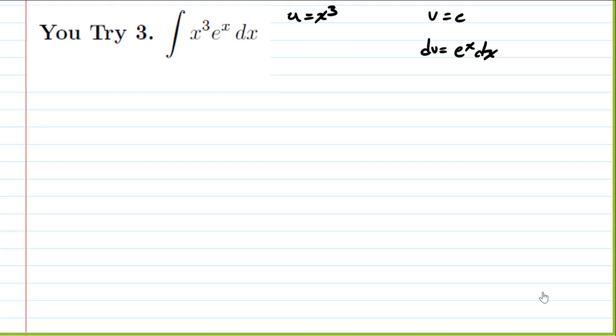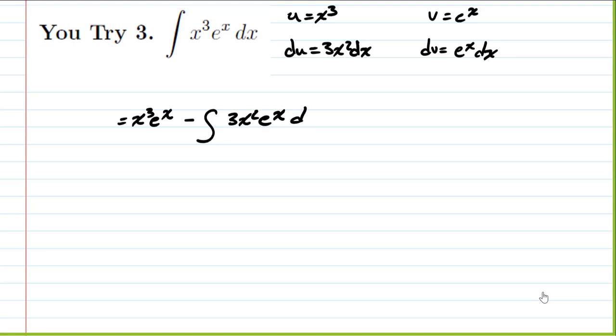We get v is e to the x, and du is 3x squared dx. So we have uv, which is x cubed e to the x, minus the integral of v du. Well, v is e to the x, and du is 3x squared dx. So we get 3x squared e to the x dx.